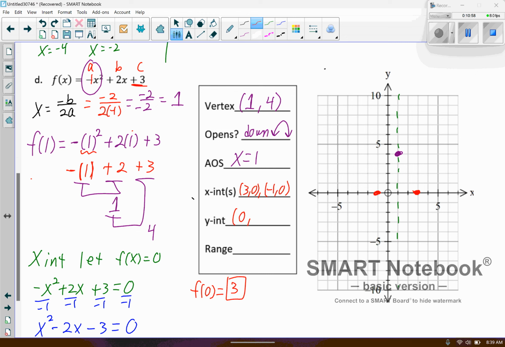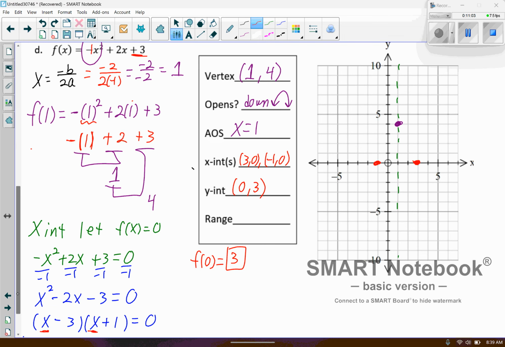So when x is 0, y is 3. That's my y-intercept at 0, up 1, 2, 3. If I want to, I can reflect it across to get an additional point. Then we'll draw this with a smooth curve going down.